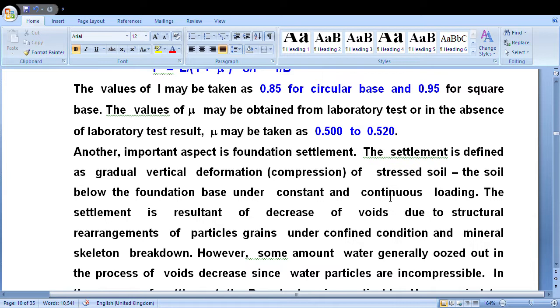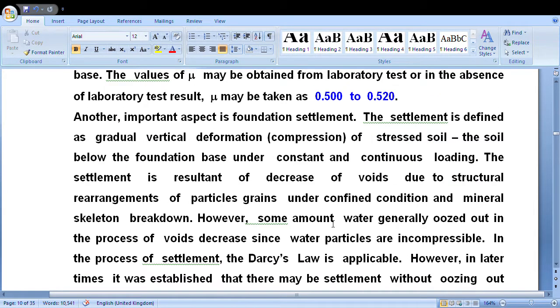The settlement is a result of decrease of voids due to structural rearrangement of particle grains under confined conditions and mineral skeleton breakdown. However, some water is generally squeezed out in the process of void decrease, since water particles are incompressible. In the process of settlement, Darcy's law of permeability is also applicable.